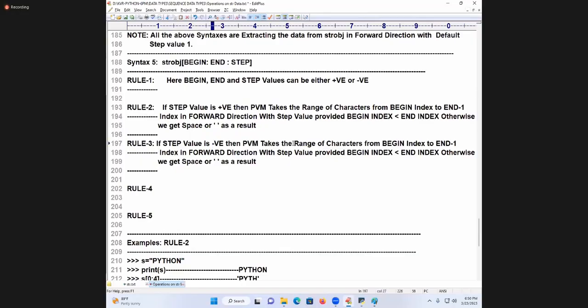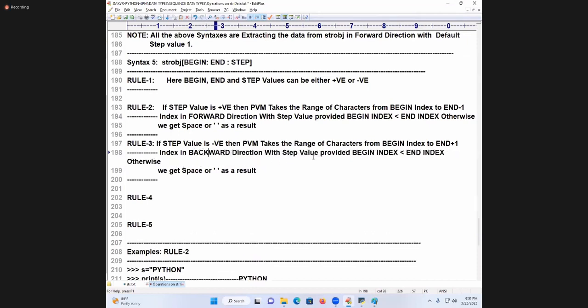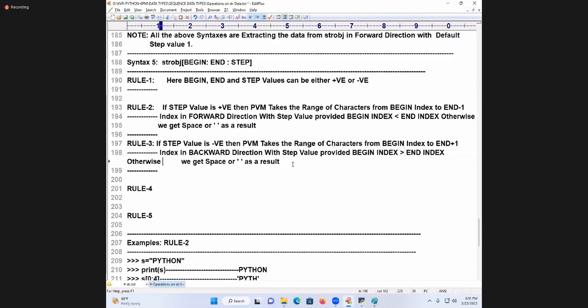Negative, then PVM takes a range of characters from begin to end plus 1 in backward direction with the step value, provided the begin index is greater than the end index. Otherwise, we get space as a result. Nothing is difficult.